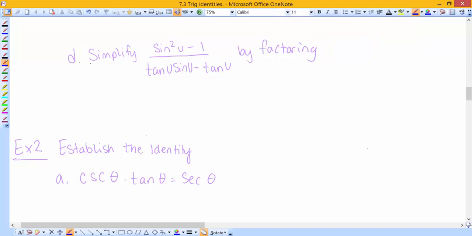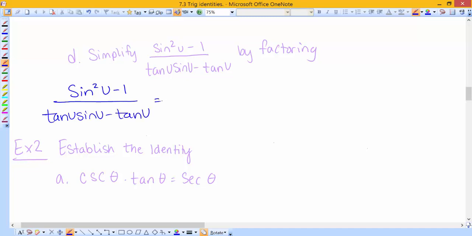So I'm going to take sine squared of u minus 1. And then I have tangent of u times sine of u minus tangent of u. I'm going to write these with variables, and I'm going to work with just the top first. I'm not going to work with top and bottom at the same time.